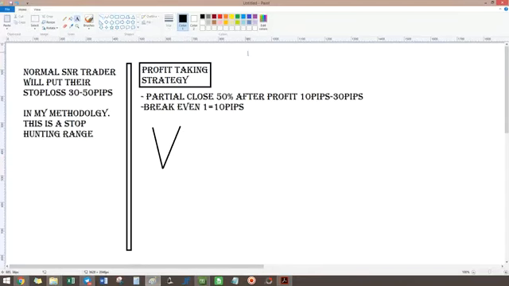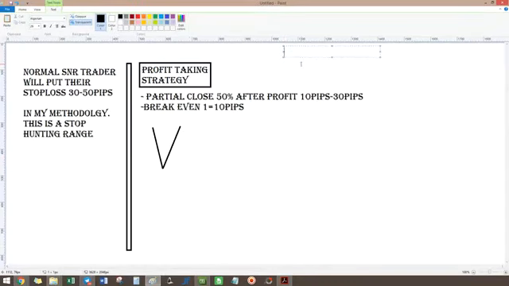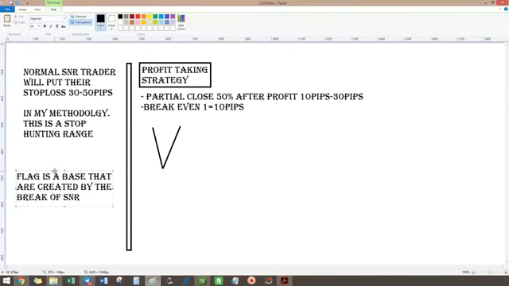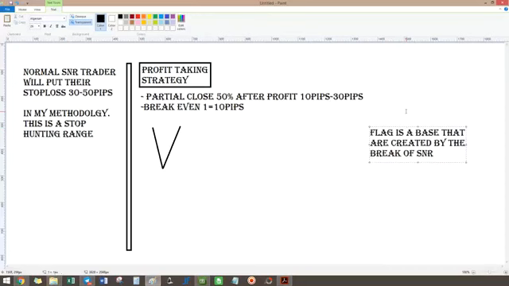First, the theory. Flat is a base that is created by the break of SNR. Okay, this is the flat theory.